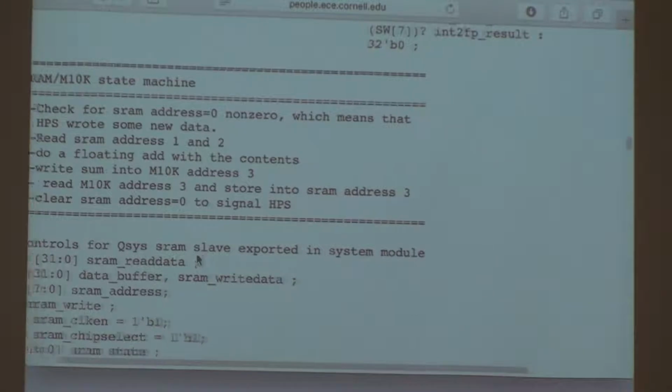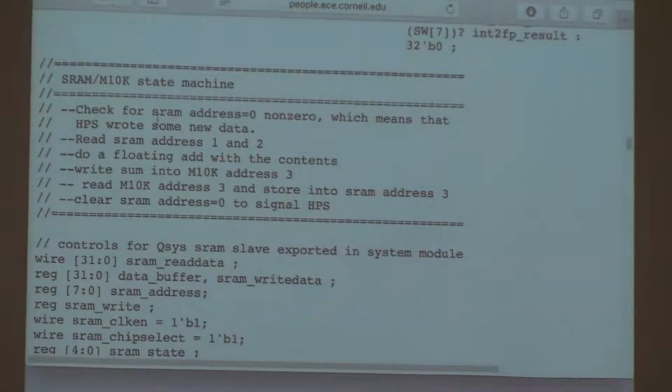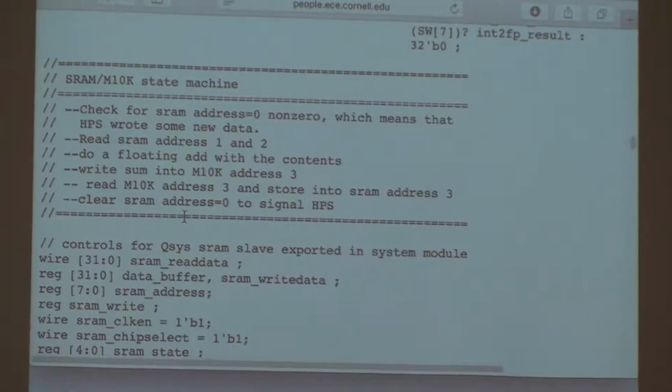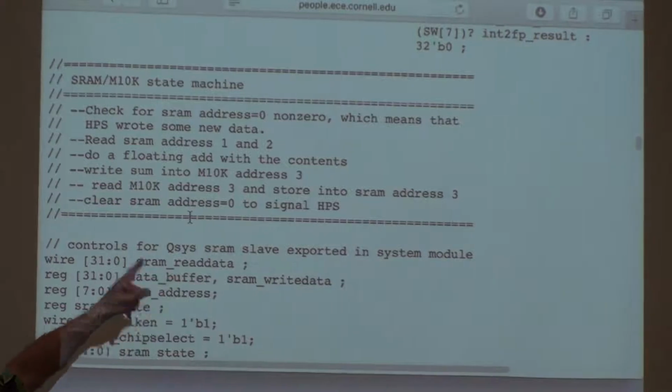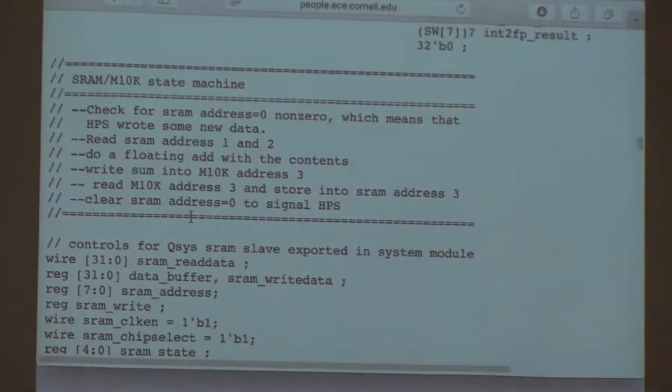But then I wrote this combined SRAM M10K state machine that checks SRAM address 0, reads SRAM address 1 and 2, does the floating add, writes the sum into M10K block address 3, reads it right back out again, and dumps it into SRAM address 3, and then clears the flag.